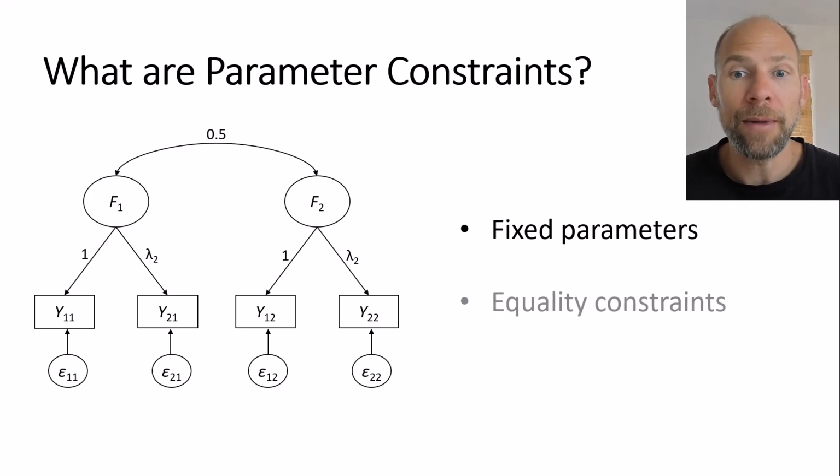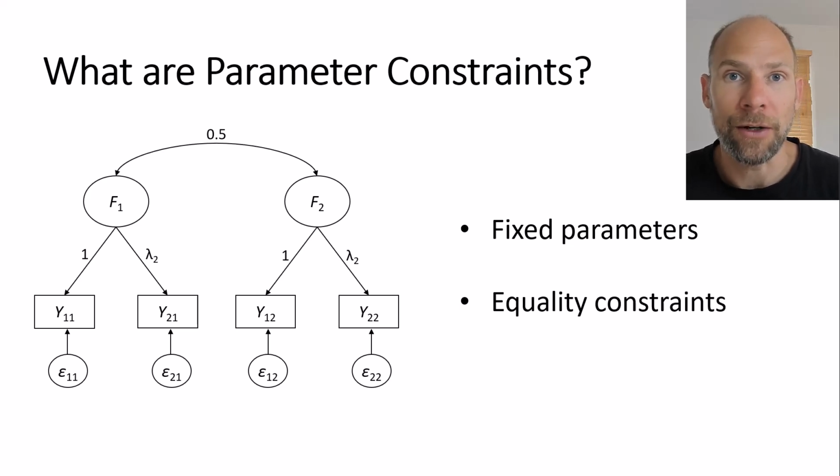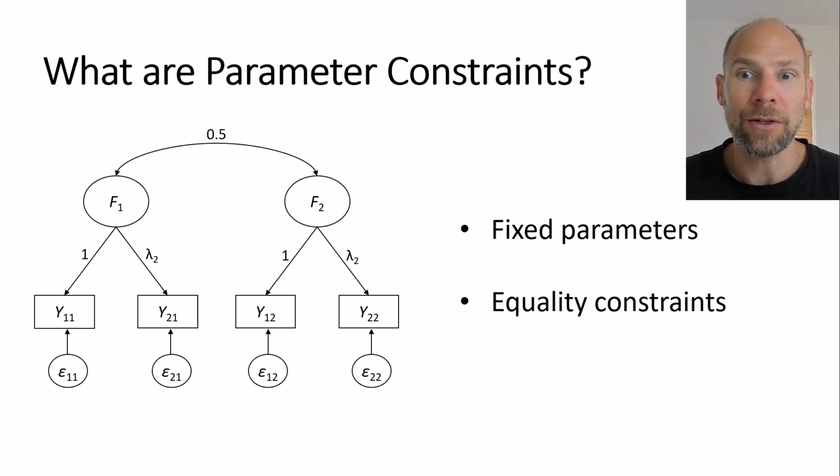Maybe more common than that are equality constraints. Equality constraints are different in that they don't involve fixations of parameters to specific values. With an equality constraint, we wouldn't say this loading is fixed to 1 or this covariance is fixed to 0.5, but rather we would say these parameters should be estimated to the same value.